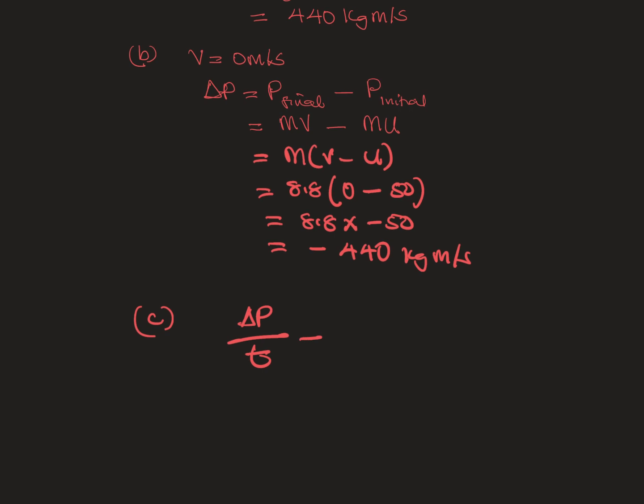So that is going to be minus 440 divided by the time, 0.8. So what is that? 440 divided by 0.8 is negative 550. Okay, 550 newtons, because rate of change of momentum is equal to force.